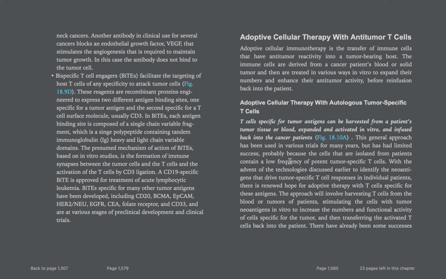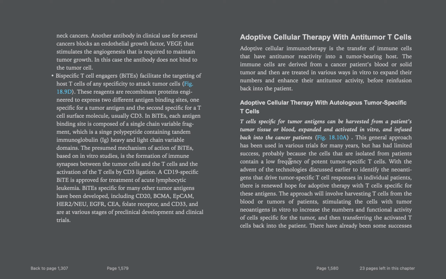With the advent of the technology discussed earlier to identify neoantigens that drive tumor-specific T cell responses in individual patients, there is renewed hope for adaptive therapy with T cells specific for these antigens.